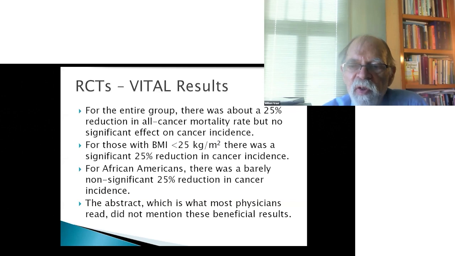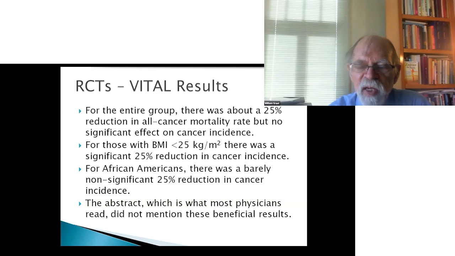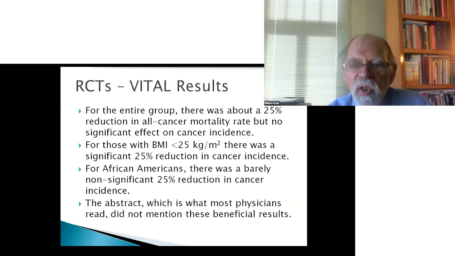But when it comes to progression of cancer, you've got to have blood vessels grow around the tumor in order to bring nutrients to the tumor. And vitamin D reduces angiogenesis around tumors. It's one of the few things that does that. And then vitamin D also reduces metastasis into the surrounding tissues. Again, one of the few things that does that. So it's not surprising that mortality rate was affected more strongly than incidence.